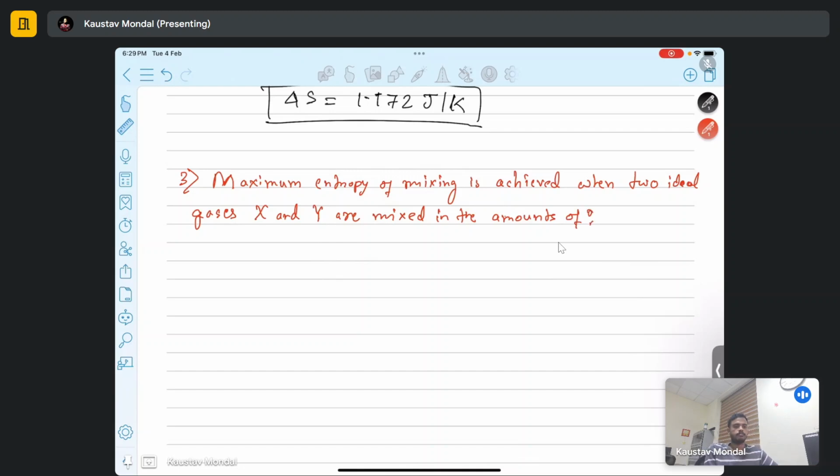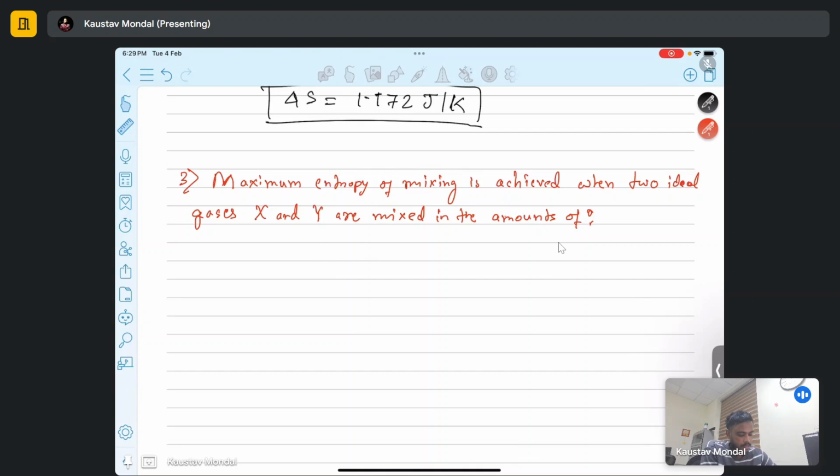Basically you have to calculate for which case. There are 4 cases given in the options: for which case, the amount of X and Y that is mixed gives you the maximum entropy.